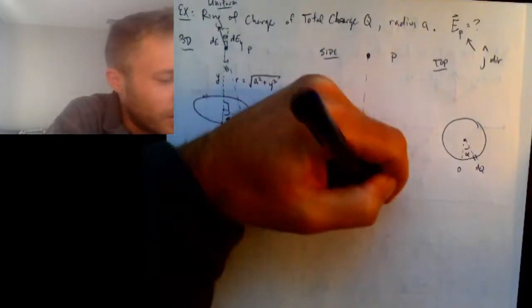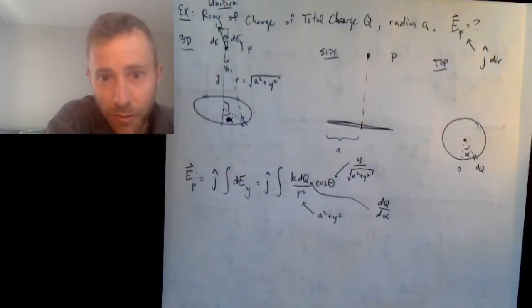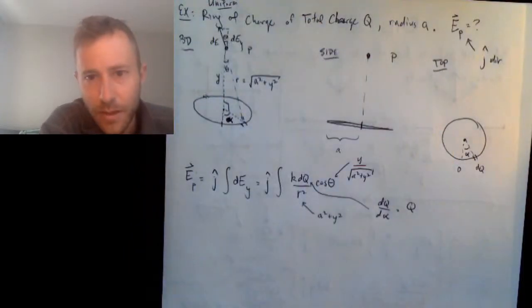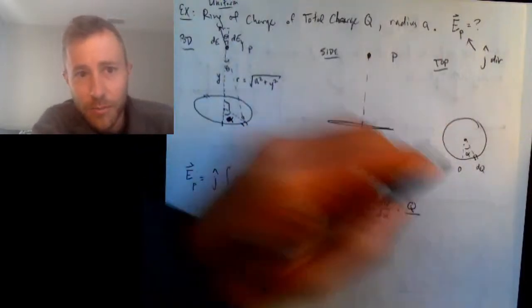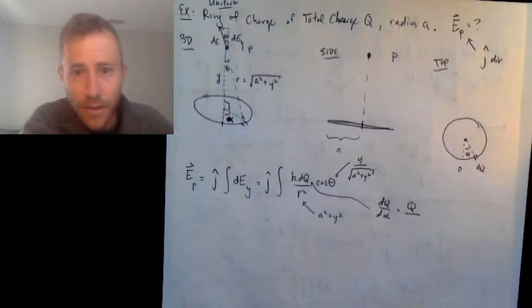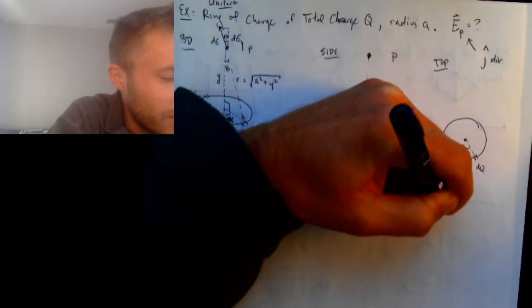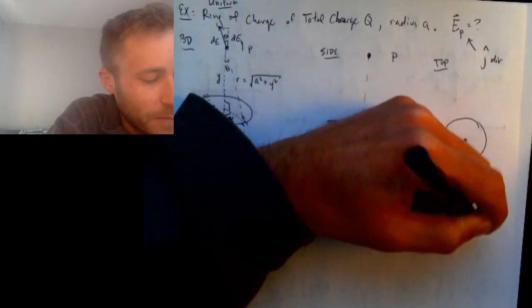So dq d alpha, charge per alpha, is going to be the total amount of charge, which is q, divided by the total amount of angle around this ring. Because it's a complete ring, you're going to have 2 pi radians. So that means that dq is q over 2 pi times d alpha.